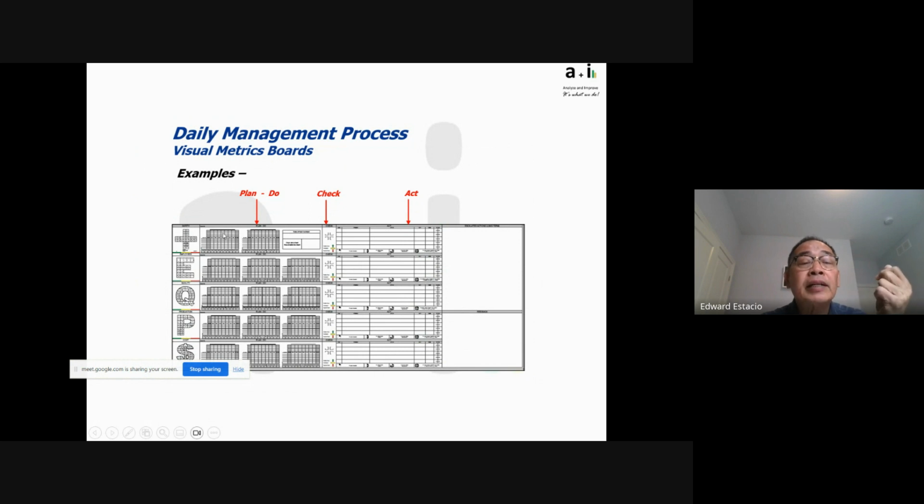So we will set targets. Checking is, are we meeting targets? If we're performing below the targets, then we need to act on that. We need to come up with action plans to make sure we go back to the target or above the targets.